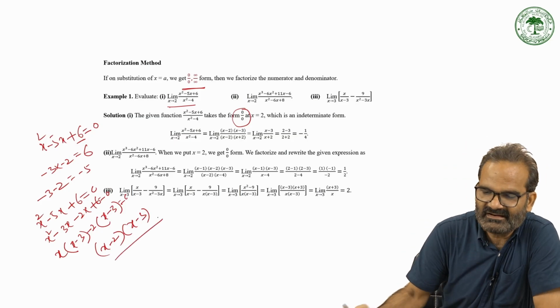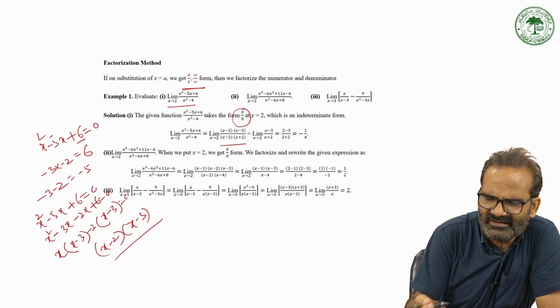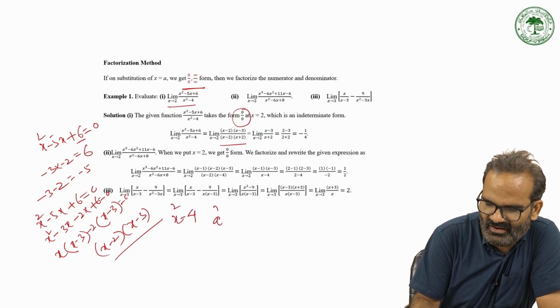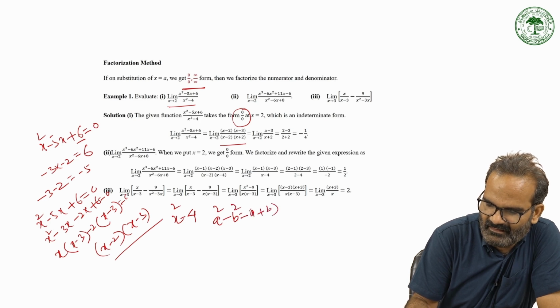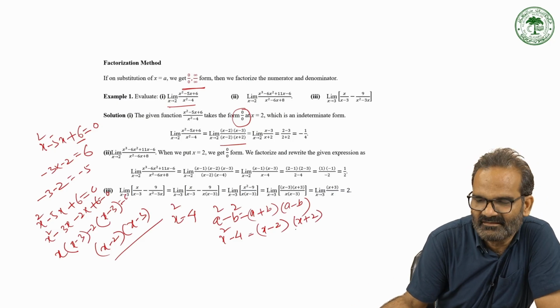So x minus 2 and x minus 3 are the factors of the numerator. But in the denominator, it's very easy. This is x square minus 4. You know the formula a square minus b square, which is (a plus b)(a minus b). So x square minus 4 equals (x minus 2)(x plus 2), right?